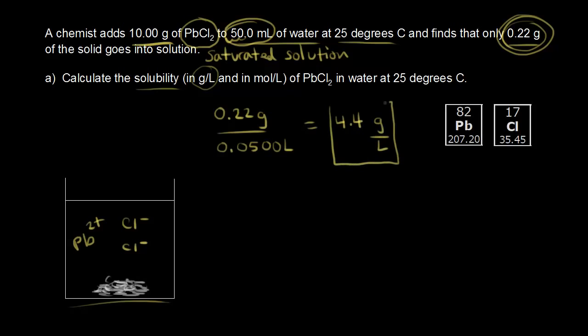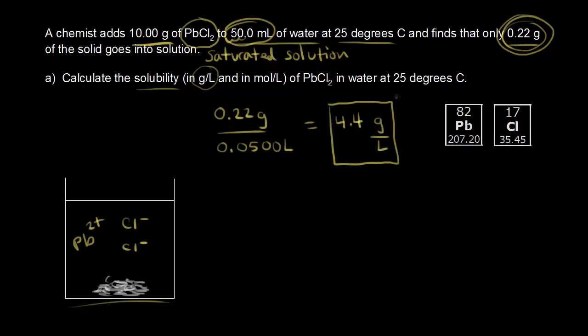So that is the solubility. And the solubility is the number of grams of solute in 1 liter of a saturated solution. So if you had 1 liter of water, you could only dissolve about 4.4 grams of lead 2 chloride in that 1 liter of solution. So this is why this is only a slightly soluble ionic compound.